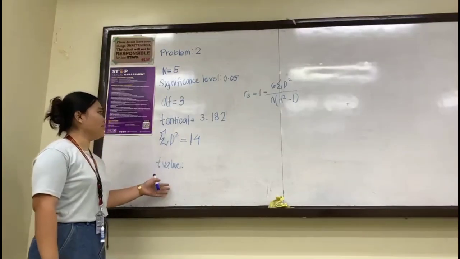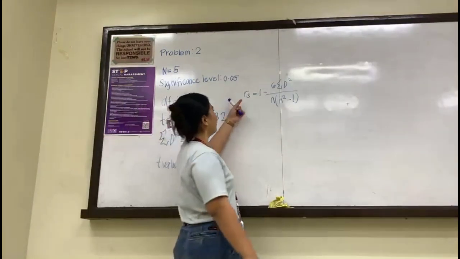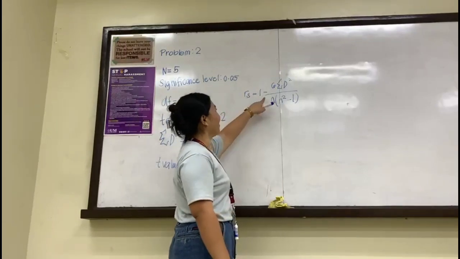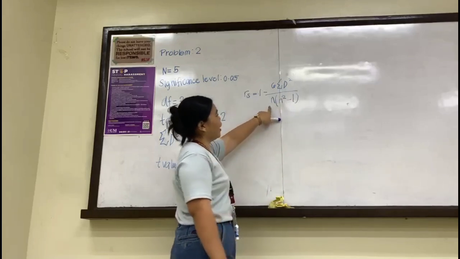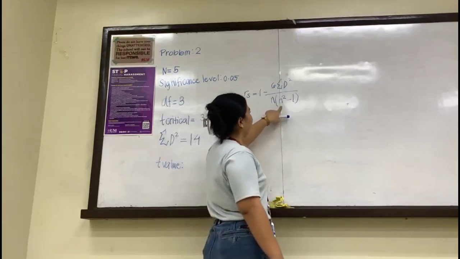Then, to find our r sub s, we use our formula r sub s equals 1 minus 6 times summation of d squared over n times n squared minus 1.